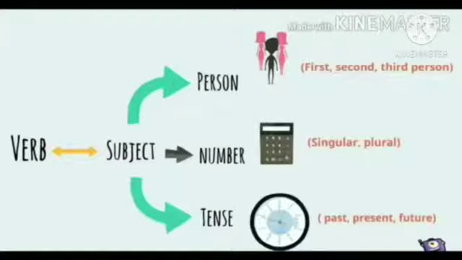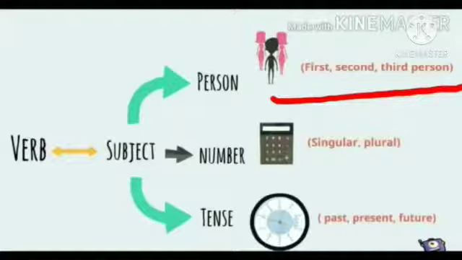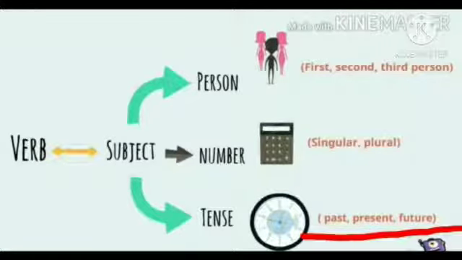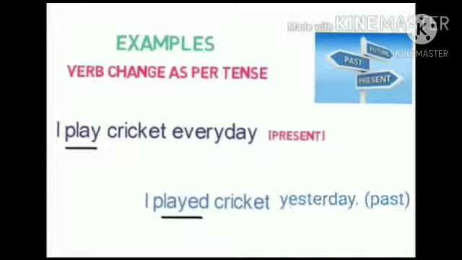It means there is a change in the verb according to the person, that is first, second and third person, according to the number, that is singular or plural, and according to the tenses, that are past, present and future. Let us understand one by one. Verb changes as per tense.